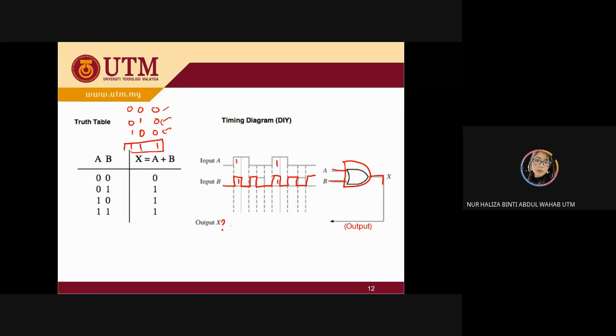So I will get 1, and this one is 1. The rest I will put as 0. So it's easy for me and it fastens my work.